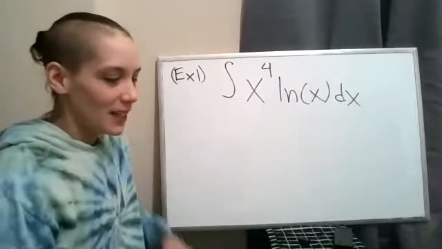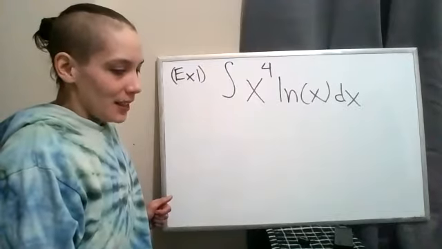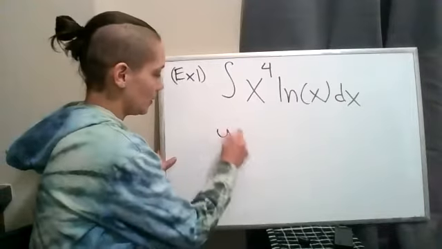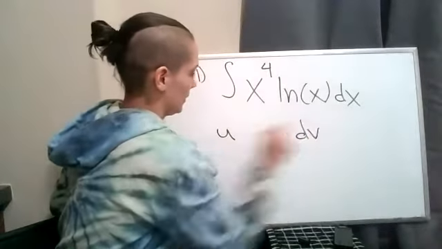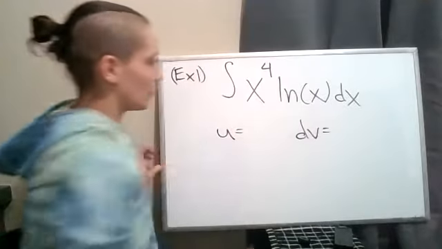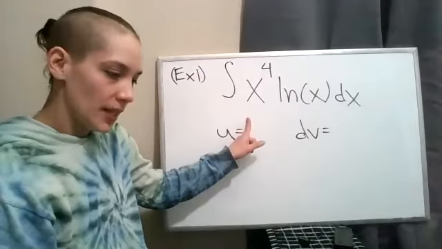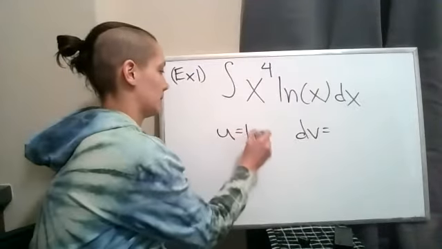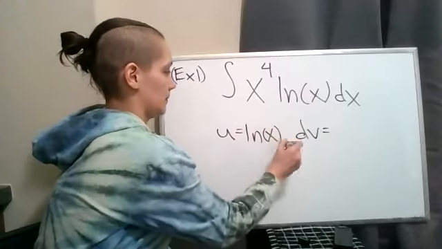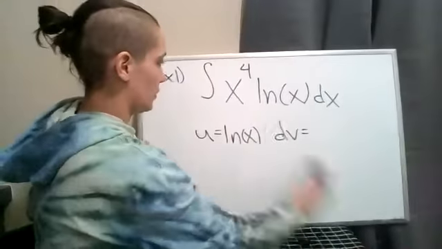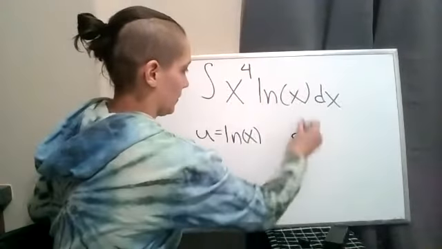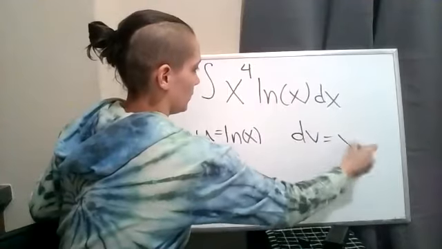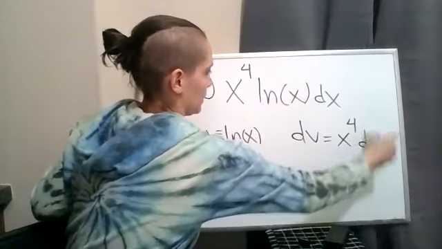Let's take u and dv. u is going to be equal to ln of x. dv is x to the 4th dx.